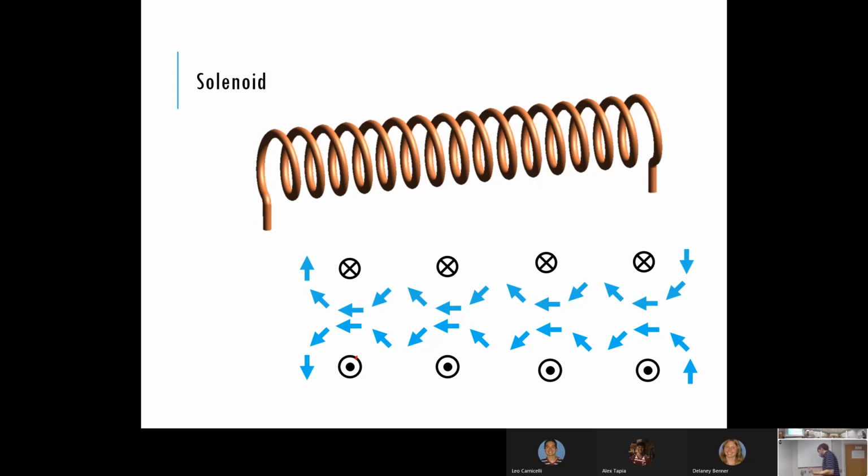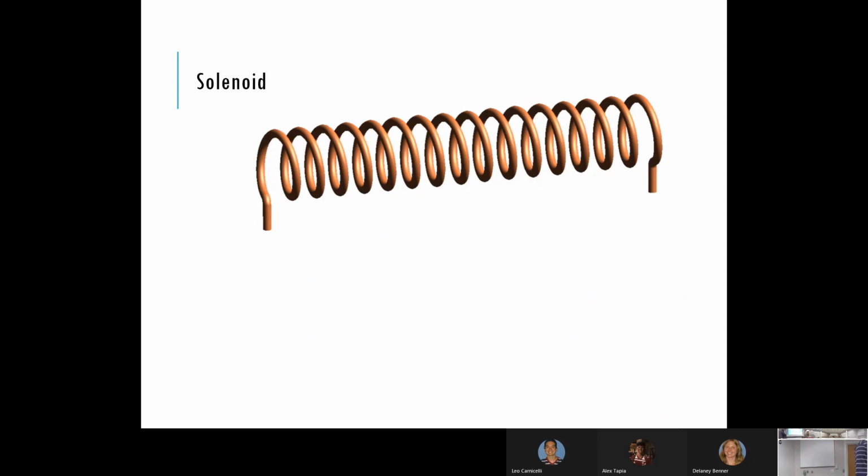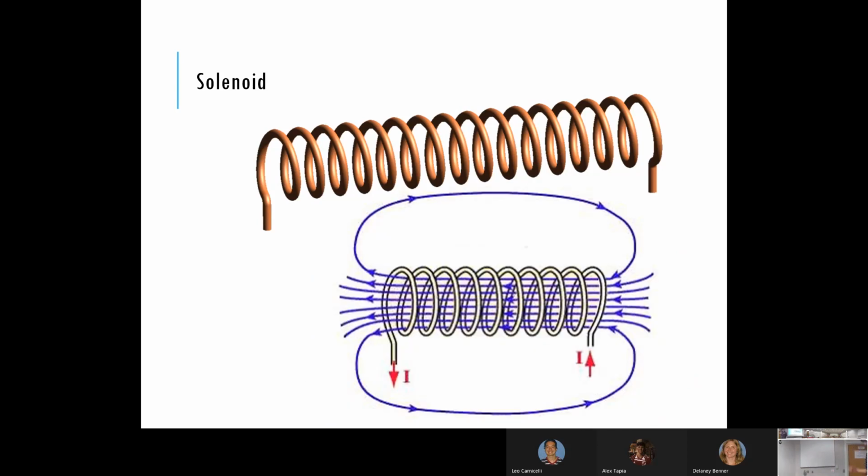No, I mean, this isn't bulletproof. I'm just trying to give you a heuristic argument. How does this thing work to give you a constant magnetic field? It's a current carrying loop. You have the magnetic field of adjacent current carrying loops canceling each other out, except in the middle. Do I have a better picture? Yeah, there you go.